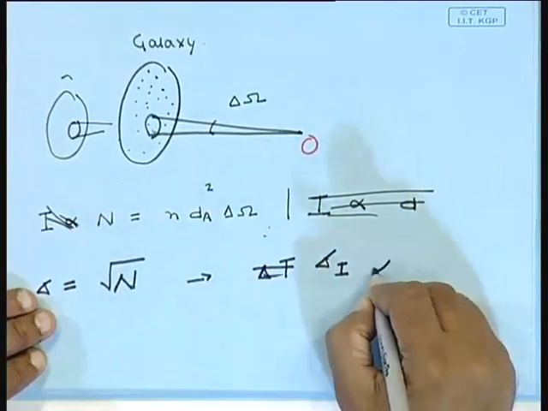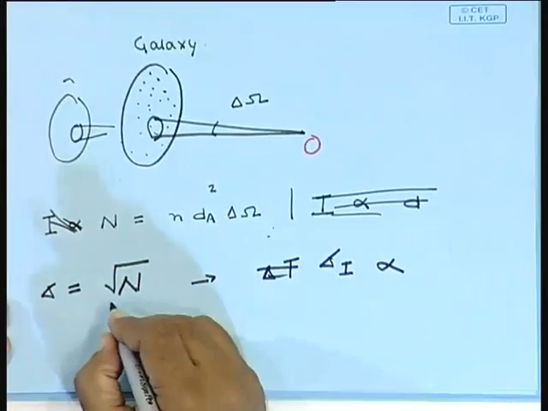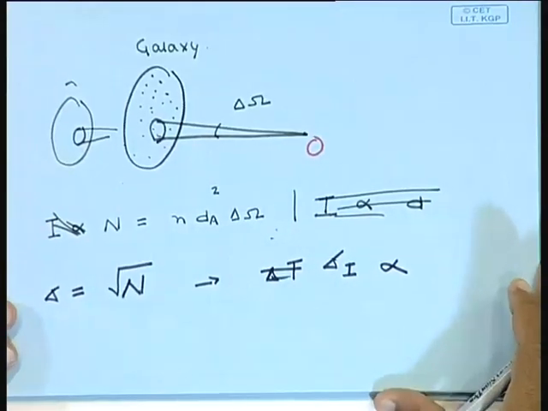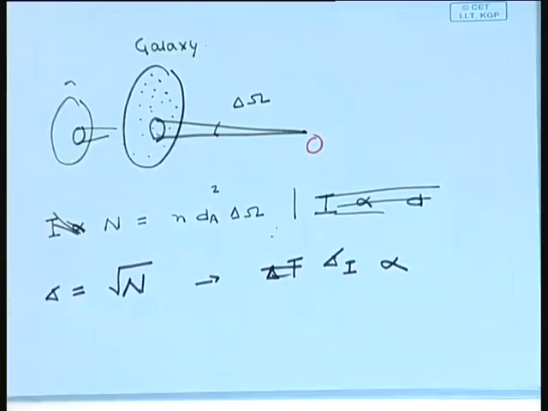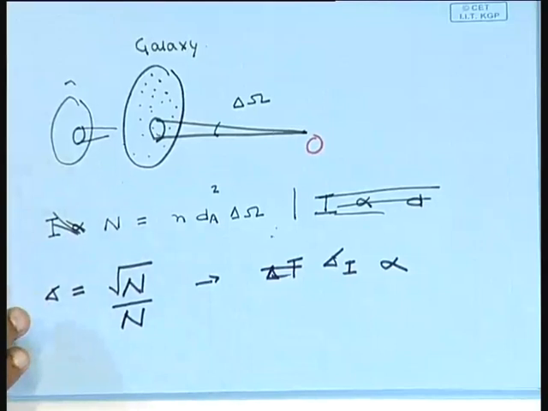So this is proportional to the fluctuation. What you can actually measure is the fractional fluctuation, is what is of interest, right? By what fraction does it vary when I move it from one point to another, and that varies like this.